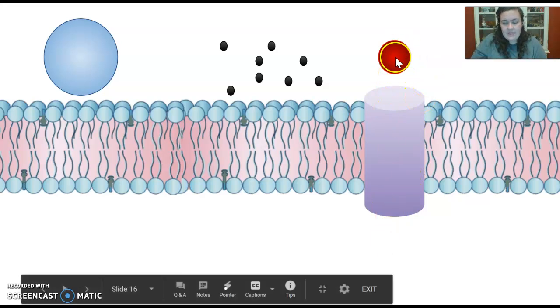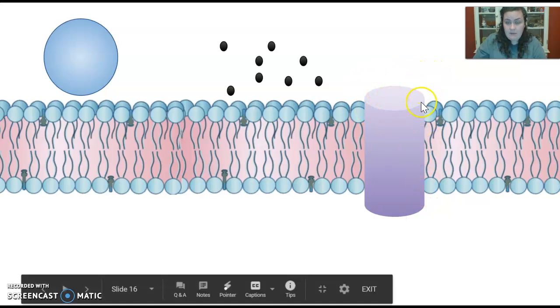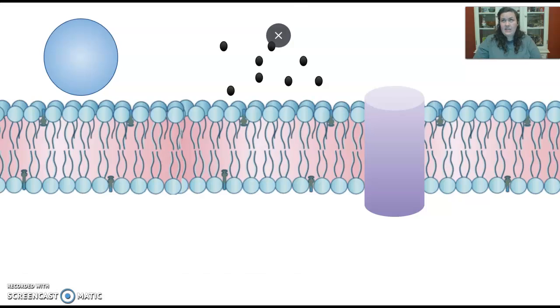Okay, this guy could then go through, okay? And that is exactly what the proteins in the membrane are. There are 2 types of proteins in the membrane. There's transmembrane proteins and surface proteins, and you're going to get into that a little more on your worksheet today.